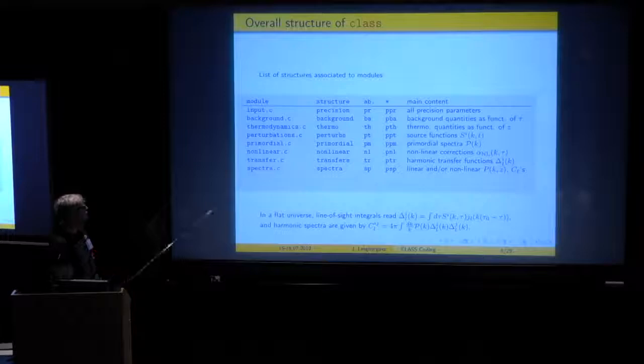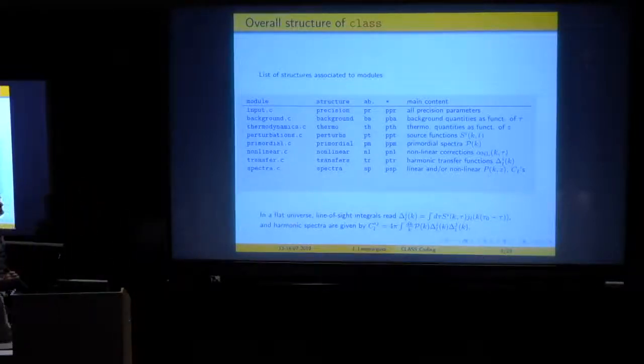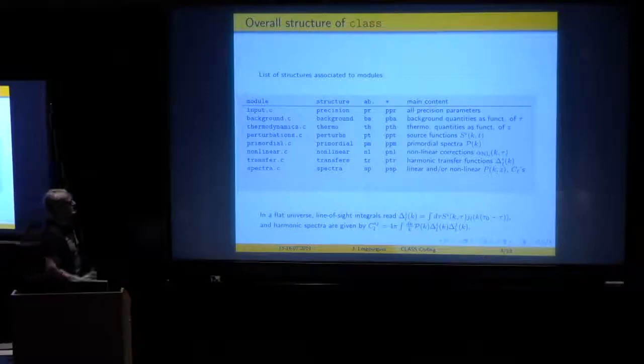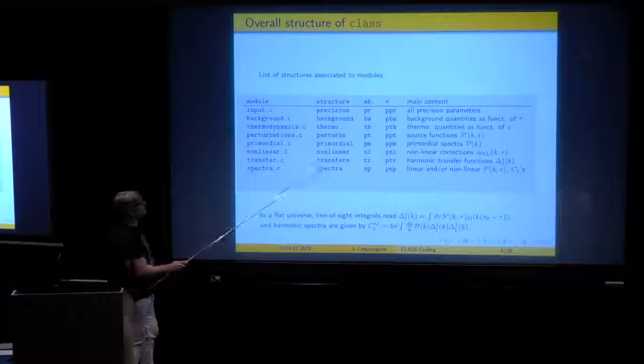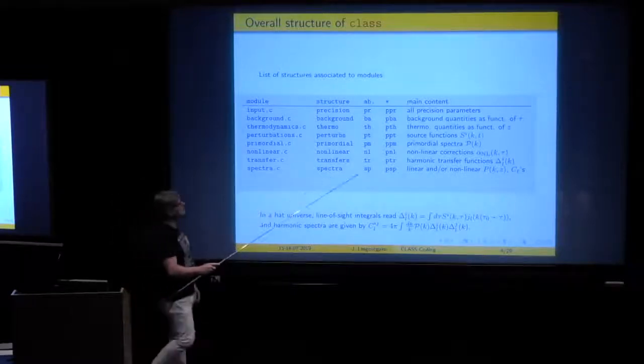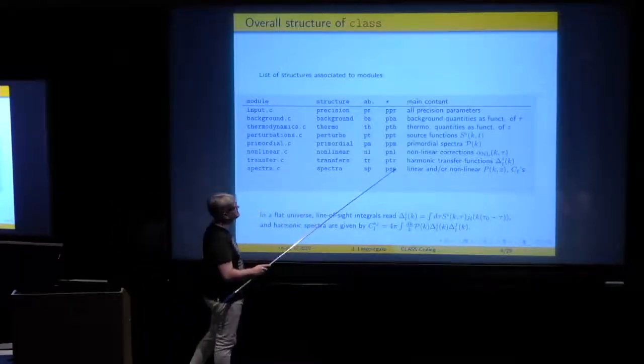Then the module spectra.c has the task of outputting all the spectra. When I say outputting, in fact, it will just fill tables in its own structure, which is a spectra structure, abbreviated SP with pointer PSP.